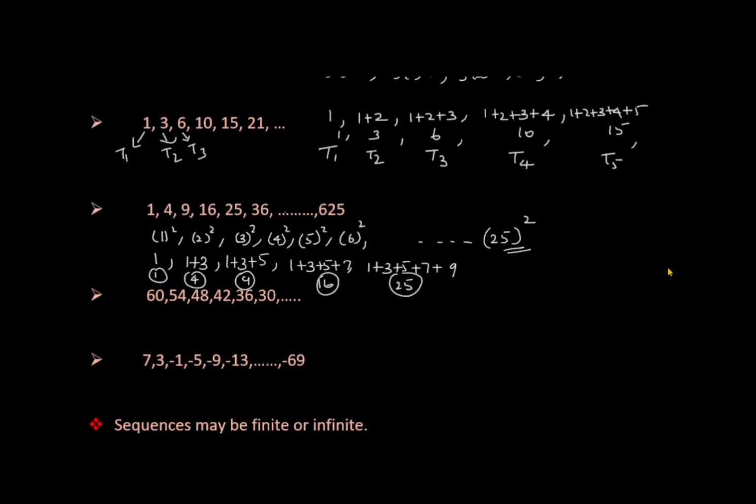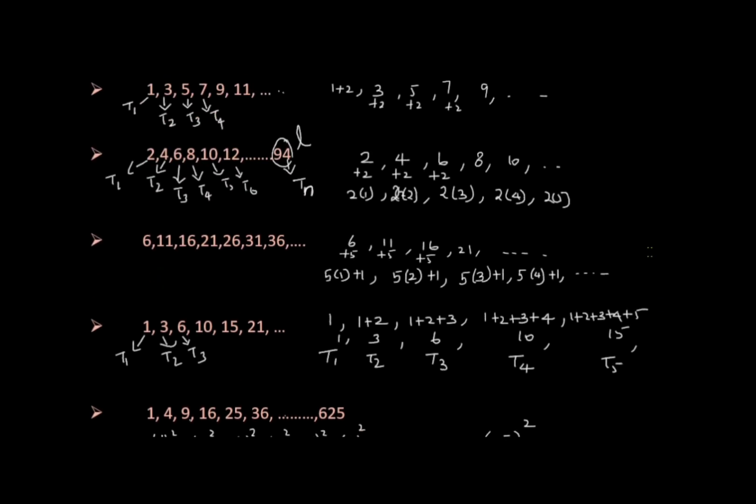Then here 60, 54, 48, 42, 36, 30. So the numbers are reduced. Previously we can see the numbers increased there. So these are the first one, second one, third one and all increasing sequence and infinite sequence.